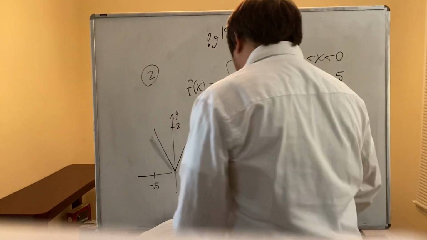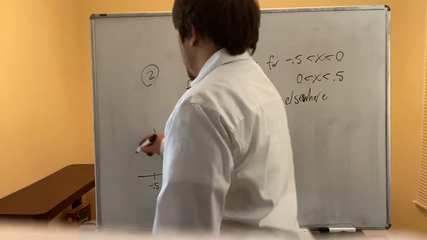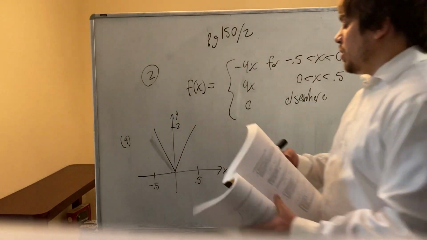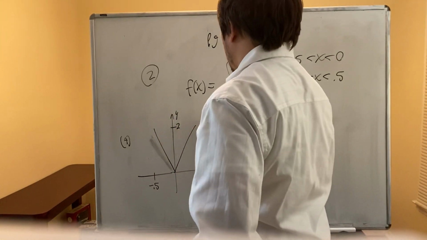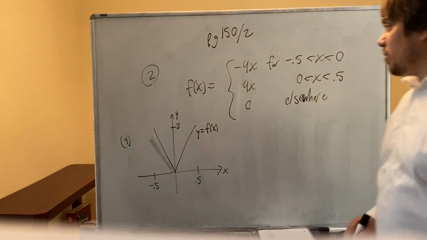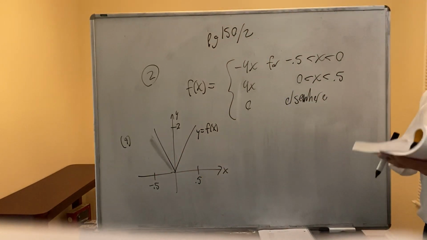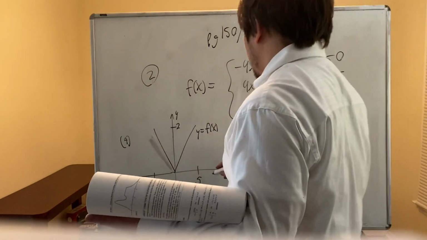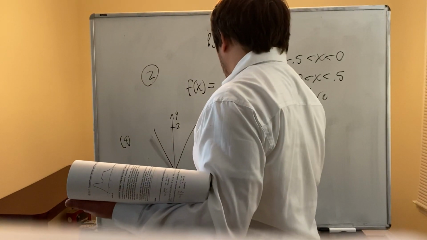Alright, and so that's for part A. We're going to sketch the probability density curve. So this is the sketch of y equals f of x, defined on the interval from negative 0.5 to 0.5. Oh, and it's 0 elsewhere, so actually it does include the rest of it.